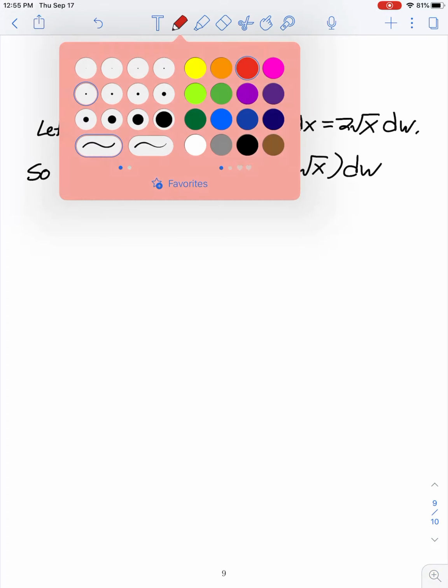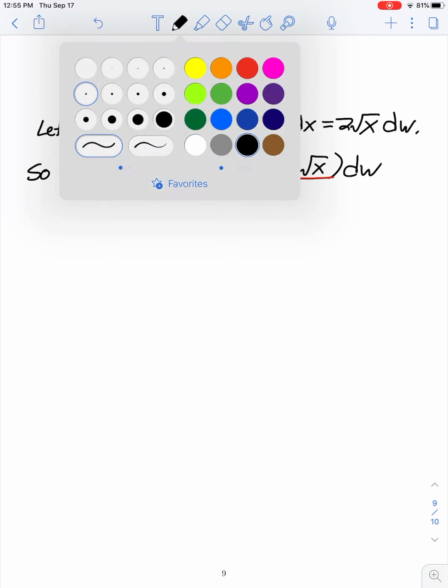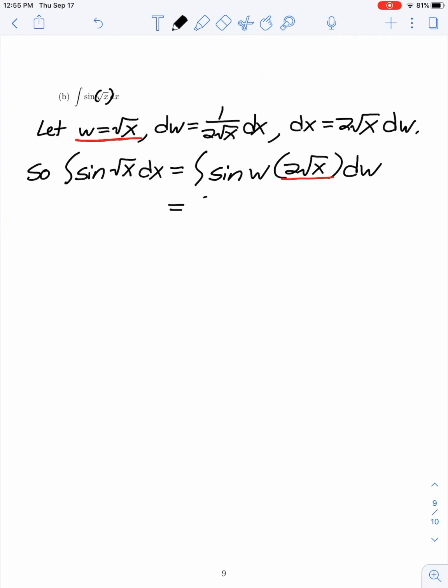So at first glance, it looks like I get stuck with this term involving x, which was twice the square root of x. However, the square root of x is what we were calling w. So my 2 times the square root of x is actually 2w, and then I was multiplying by sine of w dw.